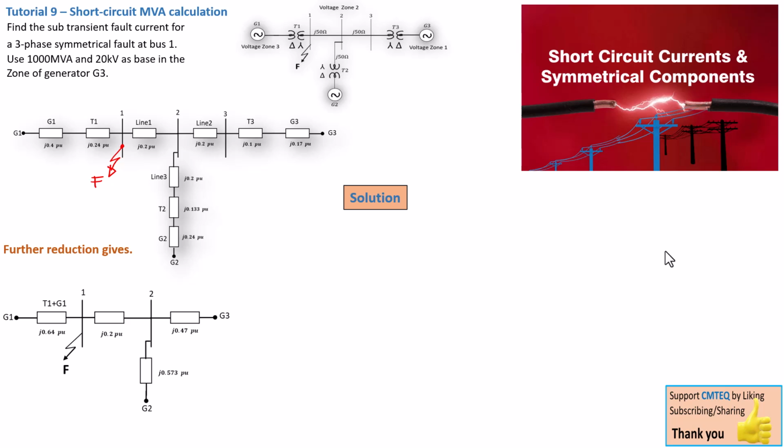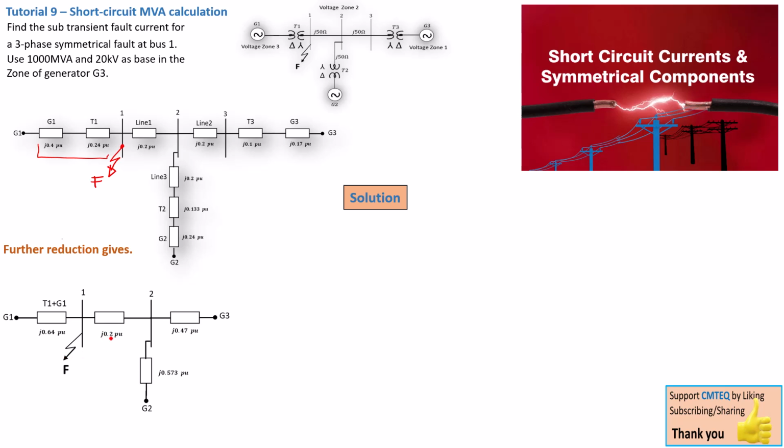So here we can clearly see that the 0.64 per unit here is a combination of both G1 and T1 per unit.